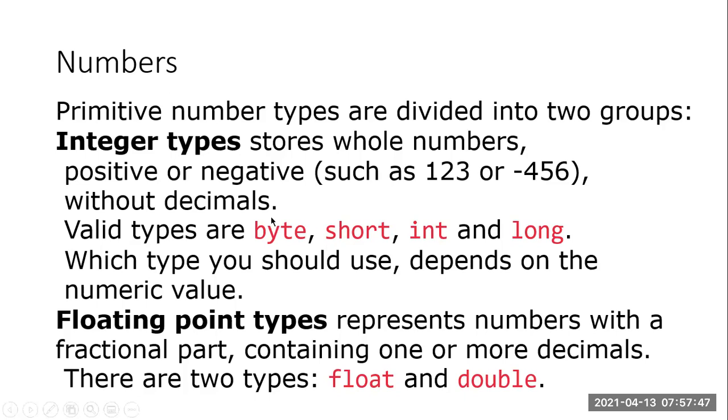For the byte, how much memory will it occupy? 1 byte. For the short, 2 bytes. For the integer, 4. And finally, for the long, 8 bytes in memory. So based on the usage of a numerical value, we take the particular data type.